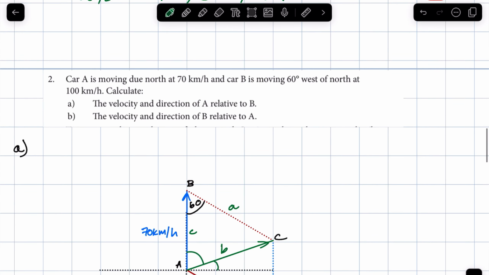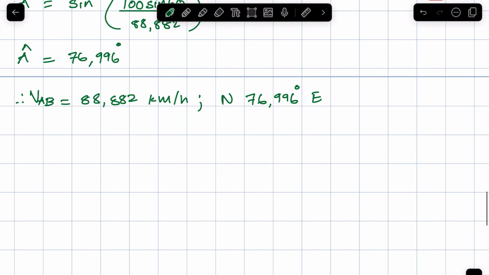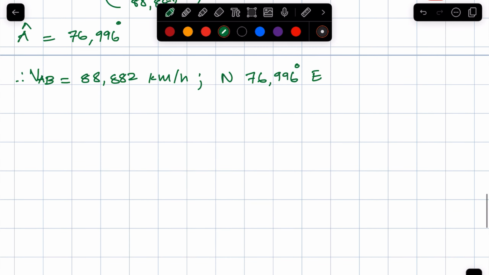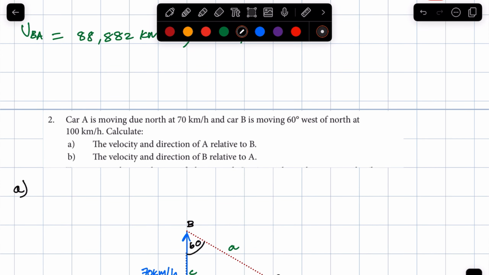Now let's look at 2b using the parallelogram method. For b, they said calculate the velocity and direction of b relative to a. So b is now the object, and a is the frame of reference.